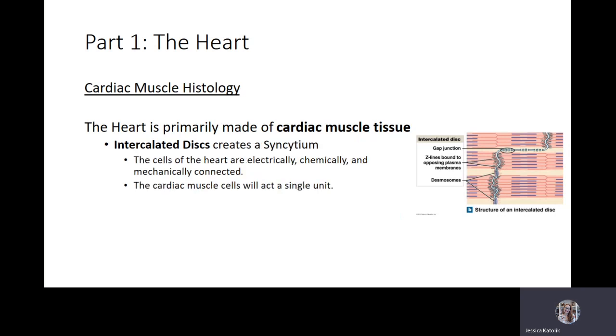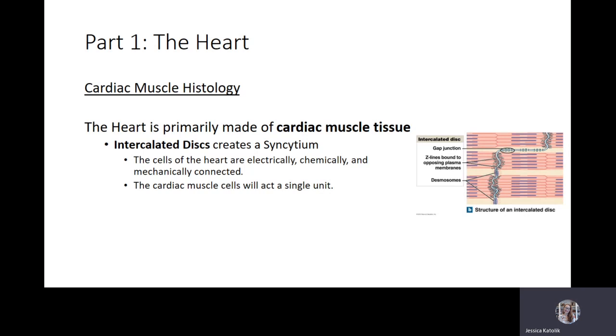Because the heart is connected using gap junctions and desmosomes, the heart is actually a syncytium, meaning that it's going to be essentially many cells acting together as a single unit, almost as a single cell, working together to be electrically, chemically, and mechanically connected to each other.